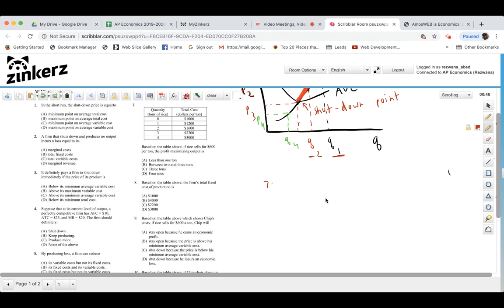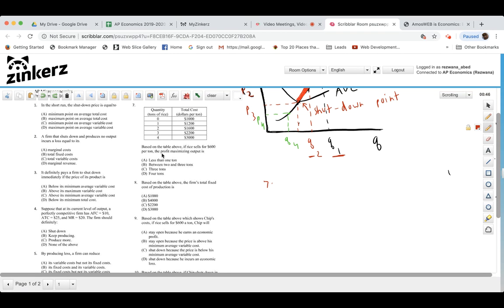So let's do number 7 over here. It says that you have this table above, and you are given the quantity in tons of rice, and then the total cost in dollars for each of those quantities of rice. For 0 tons, 1 ton, 2 tons, what is the total cost?